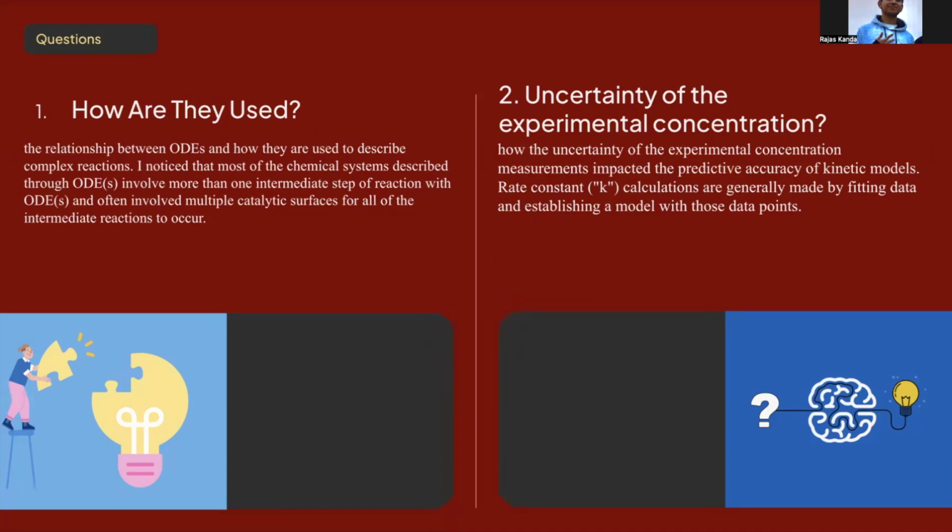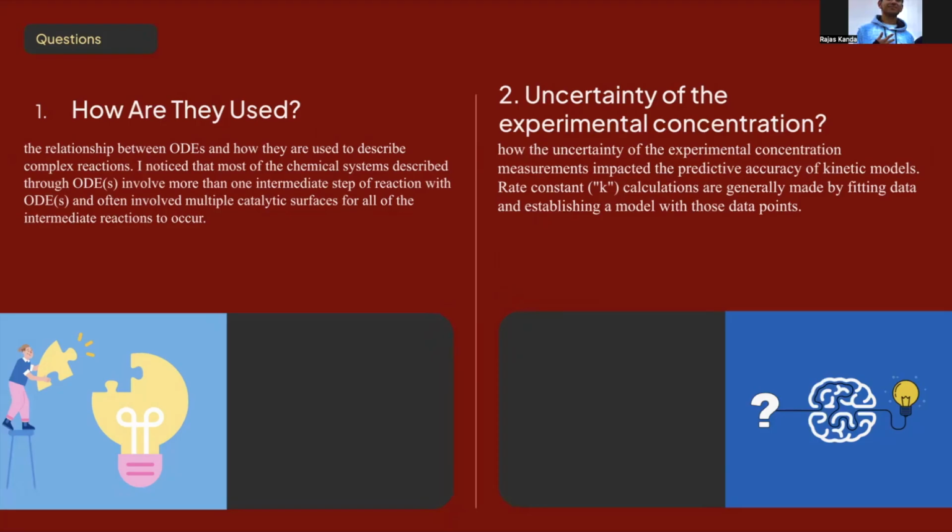When creating the project, I did have questions about the relationship between ODEs and how they are used to describe complex reactions. I noticed that most of the chemical systems described through ODEs involve more than one intermediate step of reaction and often involve multiple catalytic surfaces for all the intermediate reactions to occur.